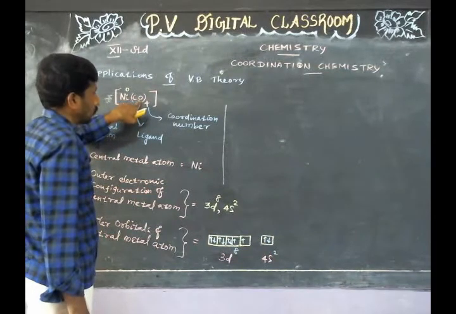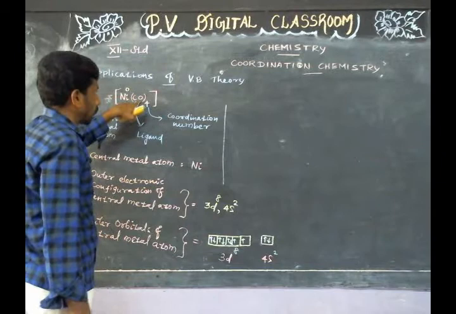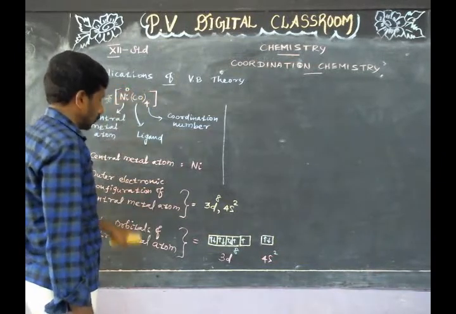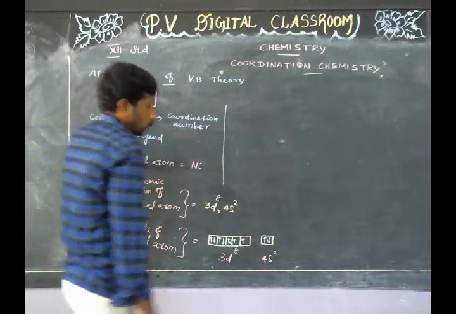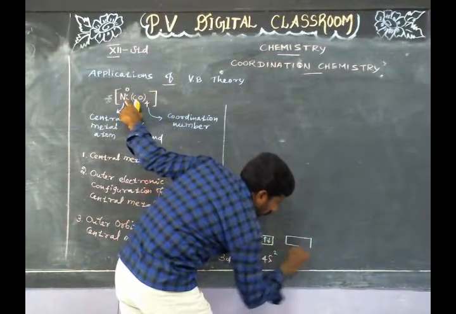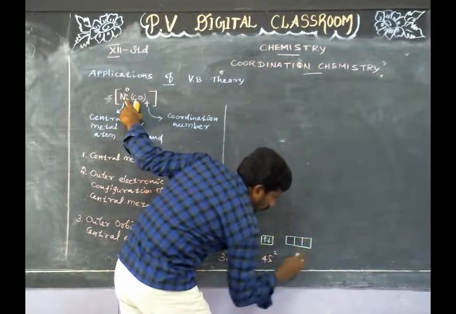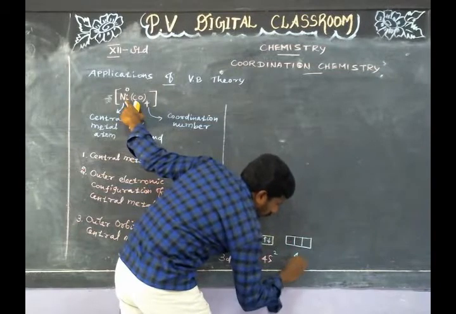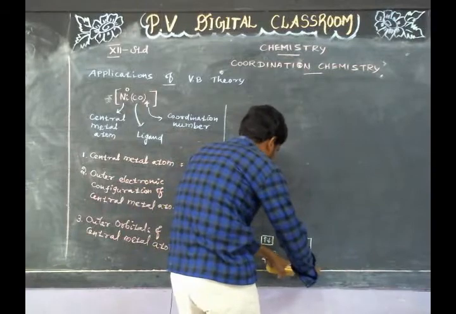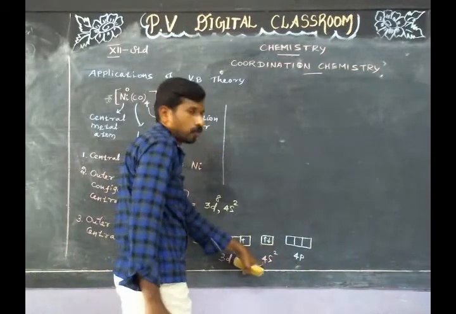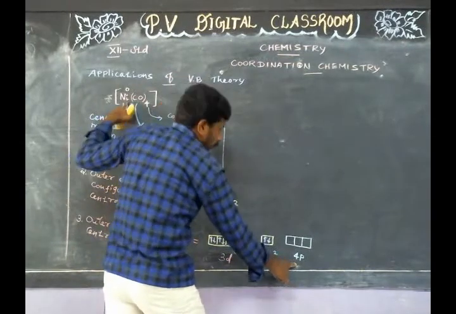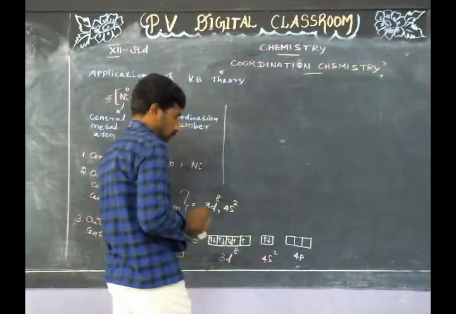To accommodate 4 electron pairs donated by 4 carbonyl ligands, the nickel atom uses its 4p orbital along with the 3d and 4s orbitals. Here the 4p orbital of the nickel atom has no electron.